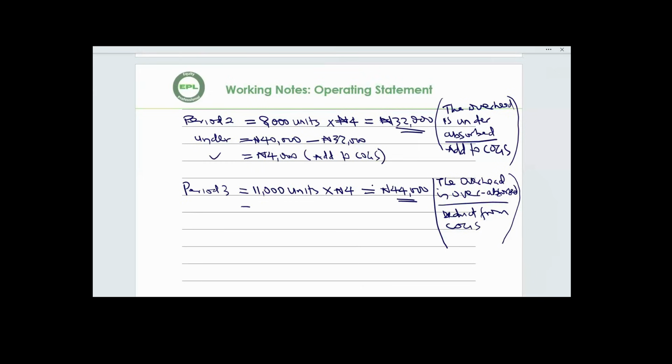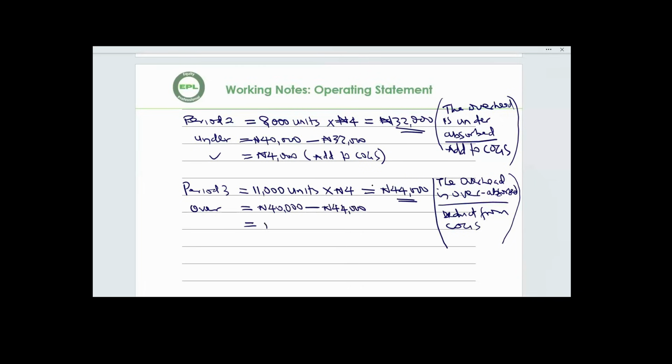Then under the period 3, we said this is over. Why? Because the budgeted overhead of 40,000 naira is less than the overhead you charge to product of 44,000.